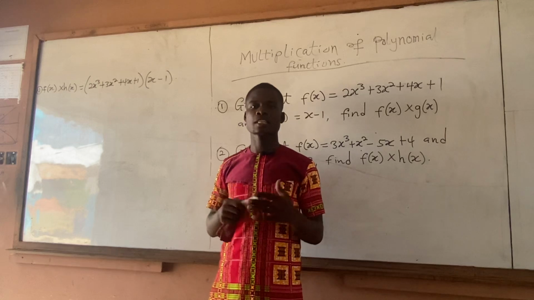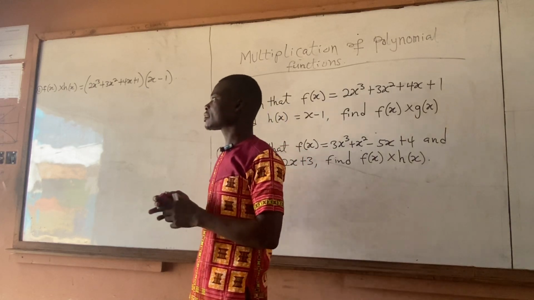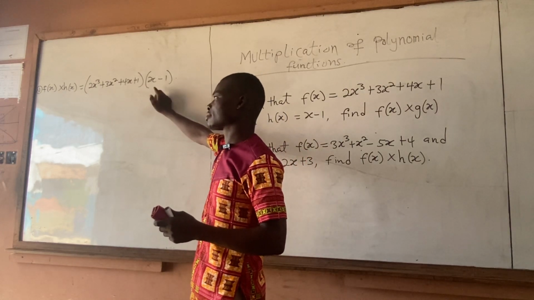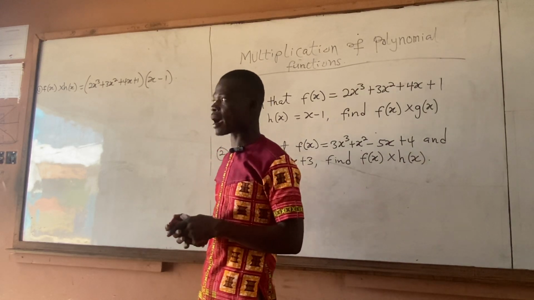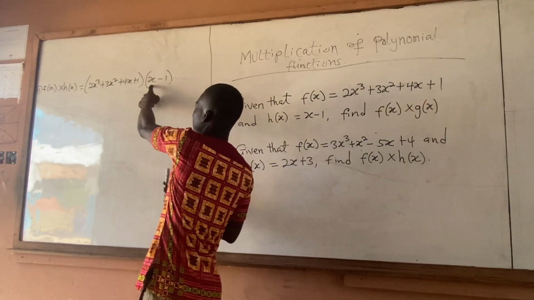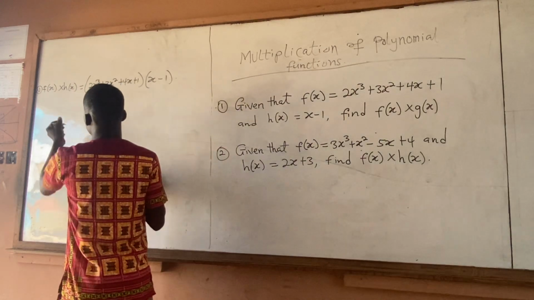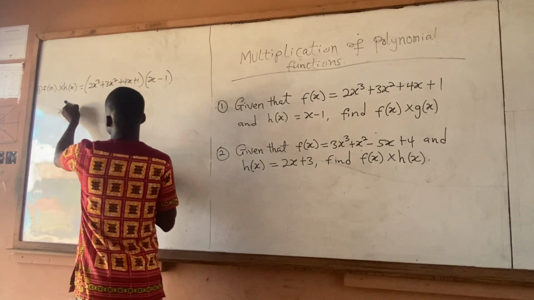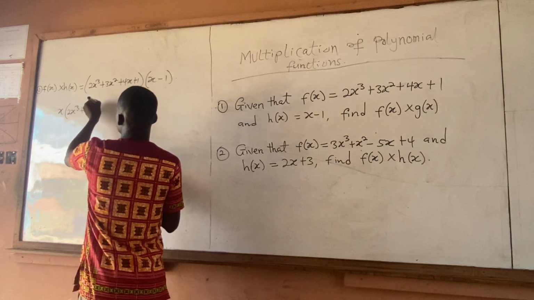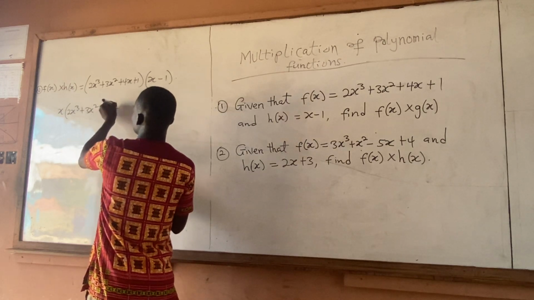Let's expand. Let's use the second bracket, x minus 1, to expand the terms in the first bracket. Taking the first term x in the second bracket, that's x times 2x cubed plus 3x squared plus 4x plus 1.